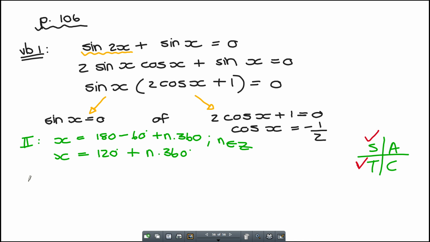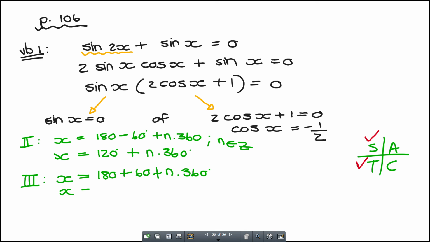Right, then in the third quadrant, x will be 180 plus, that's 60. Okay, maybe that n times 360.